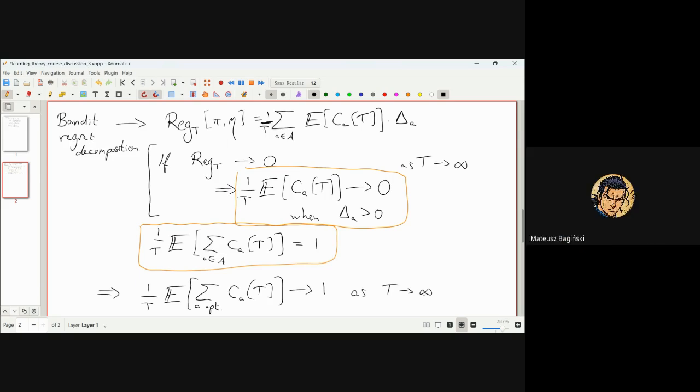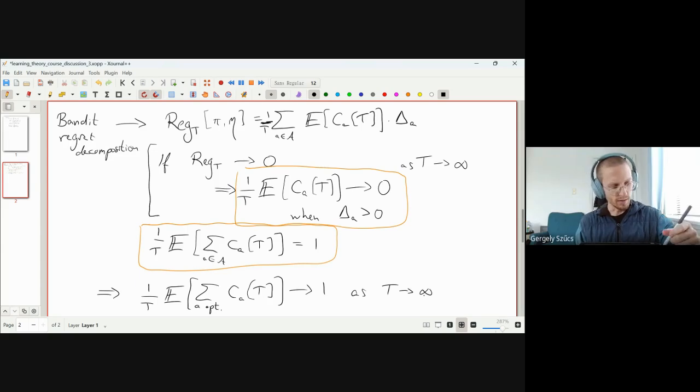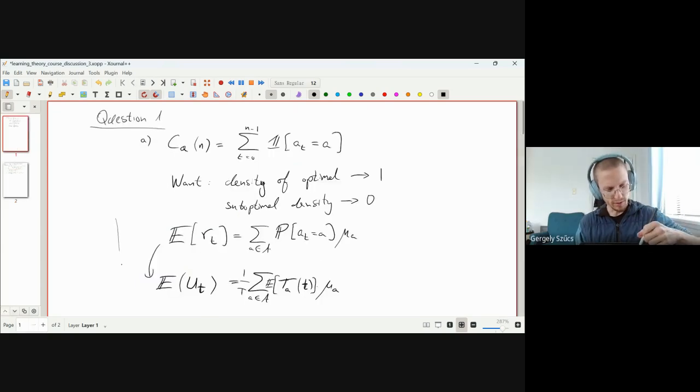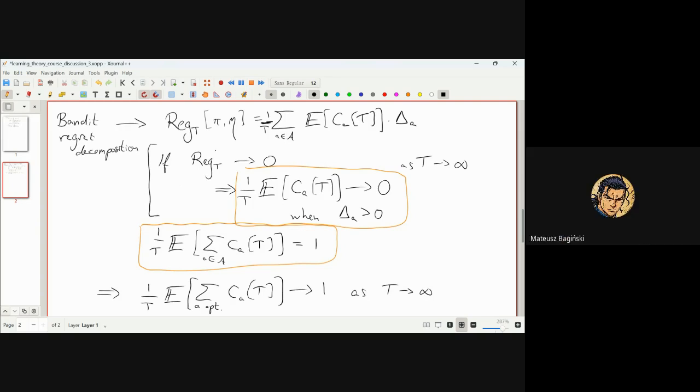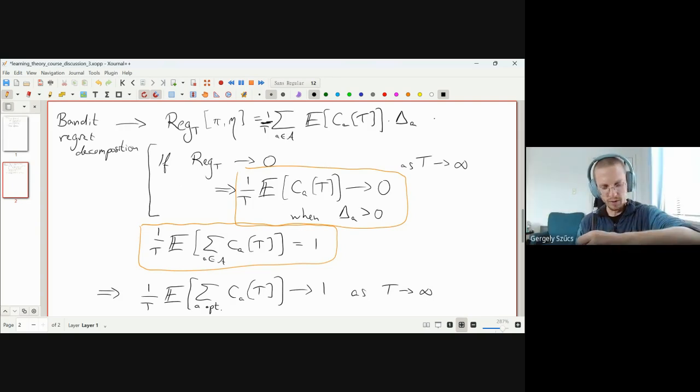I get this part, but why did we need the previous part to do this? The previous part was just where we derived this bandit regret decomposition, which I don't remember if we wrote down explicitly in class.